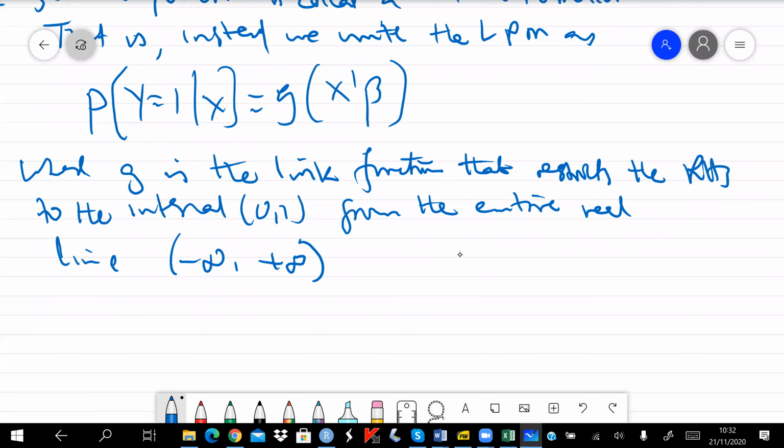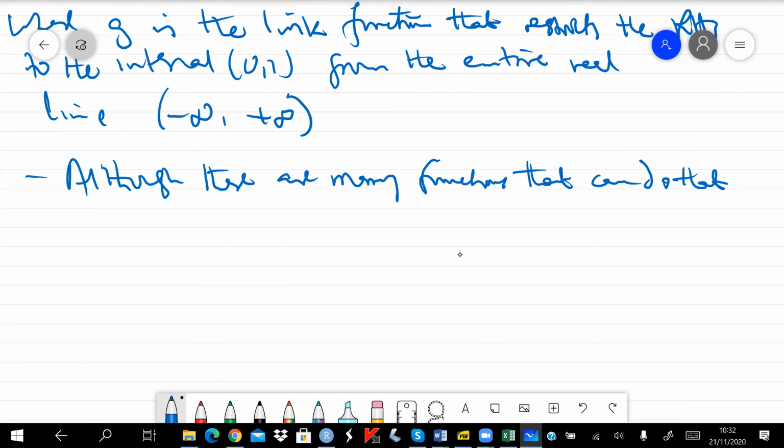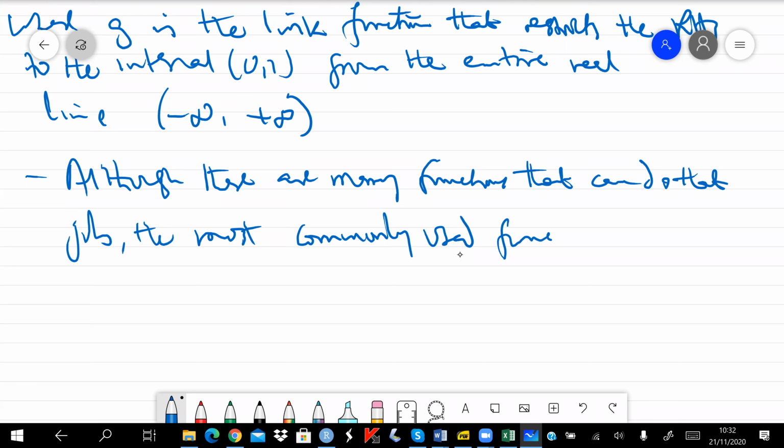And we note that although there are many functions that can do that job, the most commonly used functions are the so-called Logit and Probit.